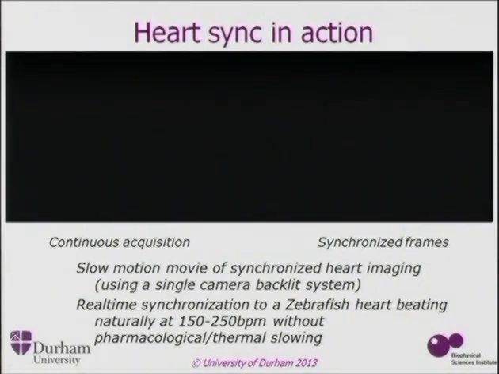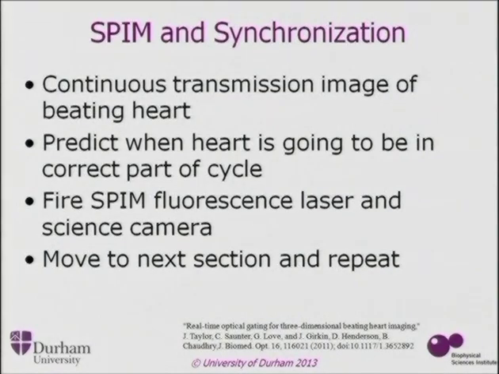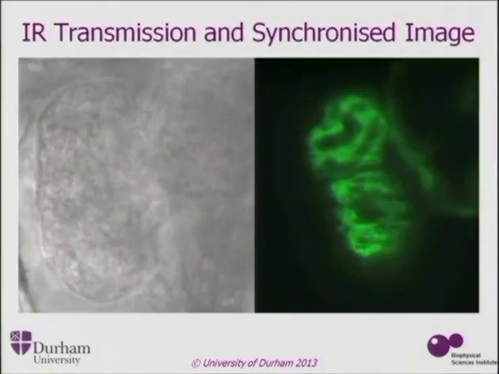So what we can now do is take a continuous image, predict when it's going to be in the right place, fire the fluorescence laser, the blue laser, and then move on to the next section. So we take an image, and then we can step through the heart. And this is what you then get.